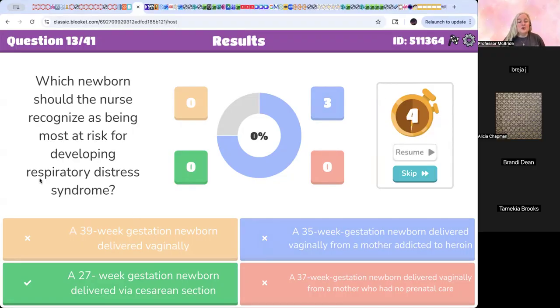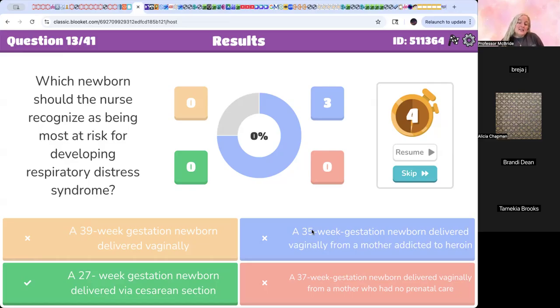So with respiratory distress syndrome specifically, we have a lack of surfactant in their lungs. That's why when we look at the choices, a 39 weeks gestation newborn delivered vaginally isn't it. A 35 weeks newborn delivered vaginally from a mother addicted to heroin: the fact that she's addicted to heroin isn't going to have any basis for this.